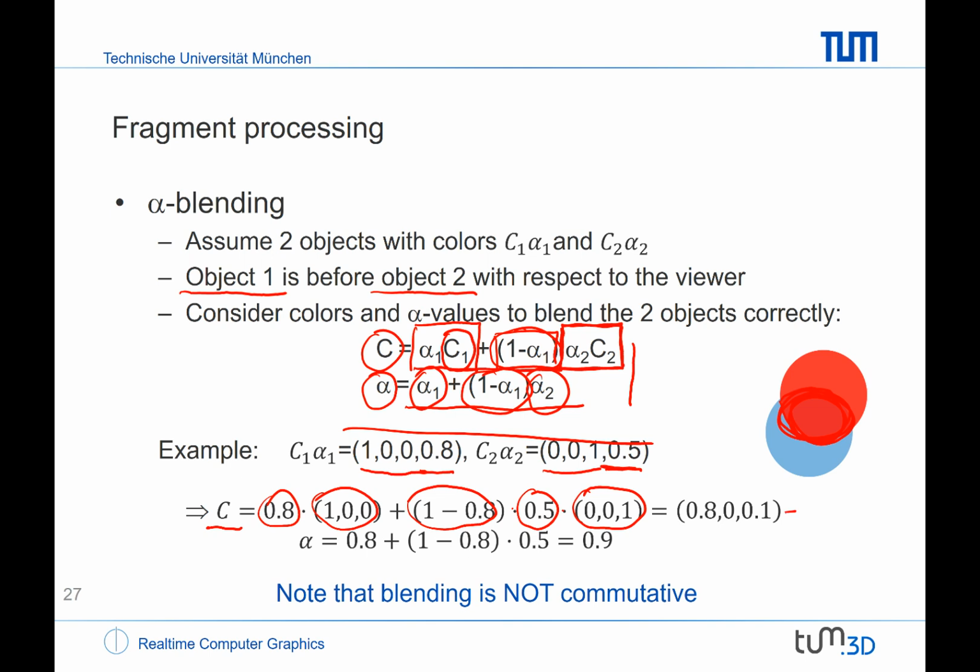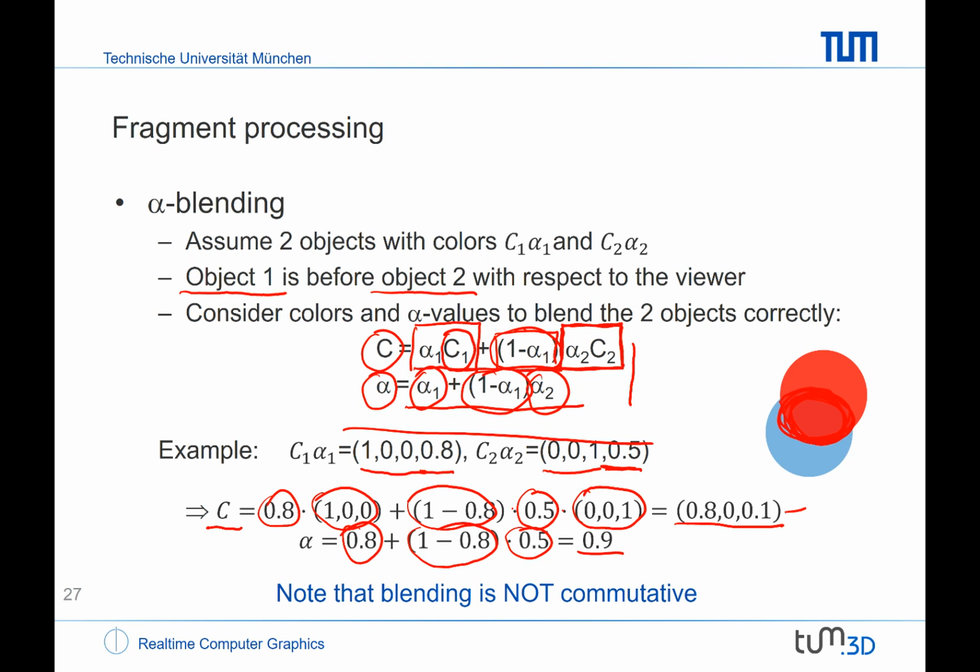Then this gives a final color of 0.8, 0, and 0.1. And we do the very same for the opacity. The opacity is just opacity foreground plus 1 minus opacity foreground times opacity background, which is just 0.9. That would be the resulting color here in the overlap area between these two objects.